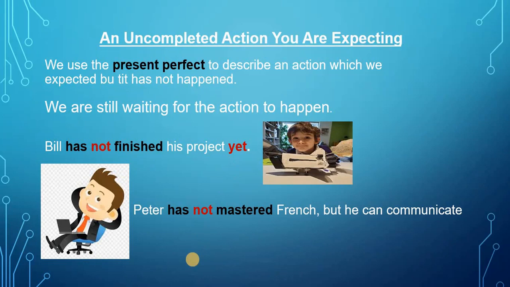These are adverbs which express that we are still waiting, we are still expecting something to happen. Notice that these examples are in negative. Has not finished, has not mastered.